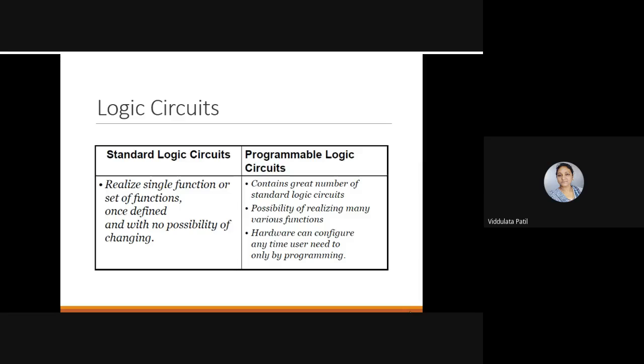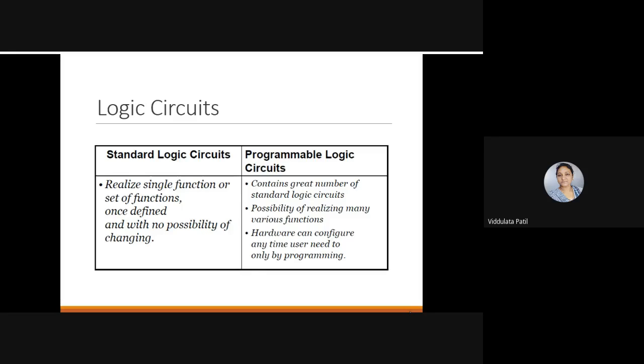The hardware used for this programmable logic circuitry can be configured anytime the user needs to. Only the programming needs to be changed. Depending on the application, the programmer can change the program and realize any number of functions with this programmable logic device.